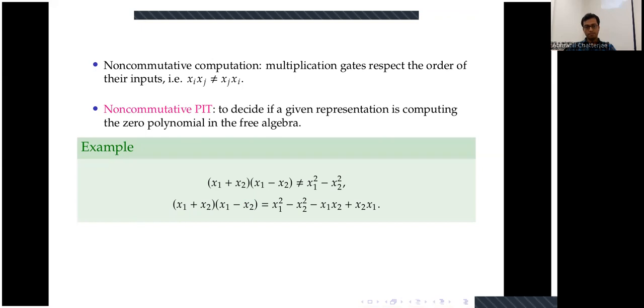So in black box PIT, as we have seen, whenever our polynomial is non-zero, whenever it is not an identity, we have a witness that tells us that if you evaluate it there, you will get some non-zero value. So what is the corresponding evaluation in the non-commutative setting?